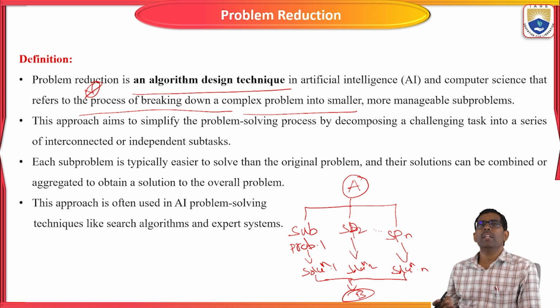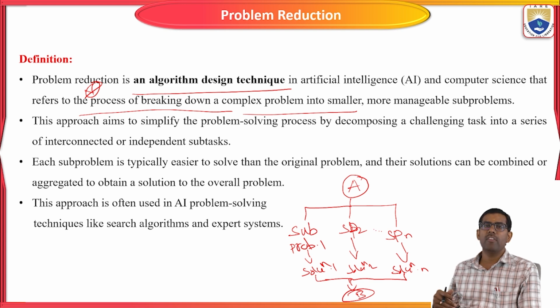Probably we have seen in data structures or design and analysis of algorithms subjects the divide and conquer method, greedy method, and dynamic programming methods. In all these techniques, we divide the main problem into a number of sub problems. Then we solve all the sub problems, then bring together all the sub problem solutions.